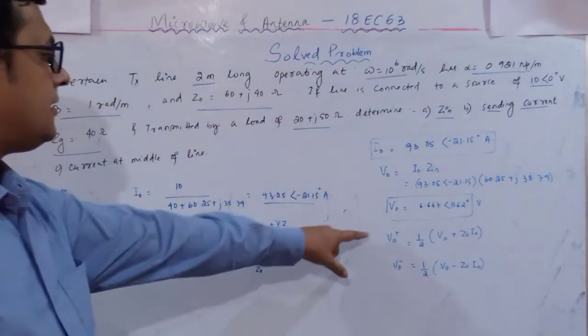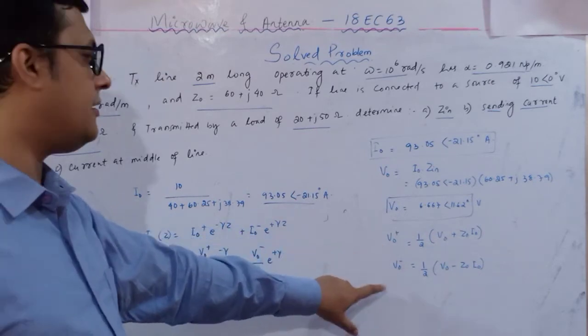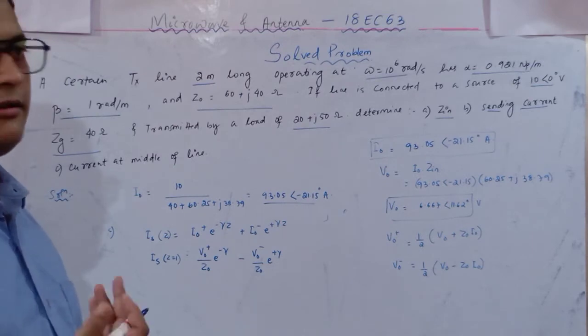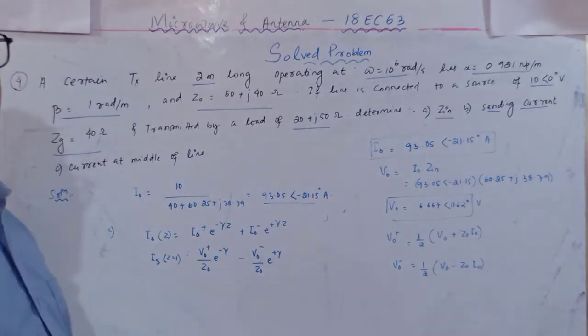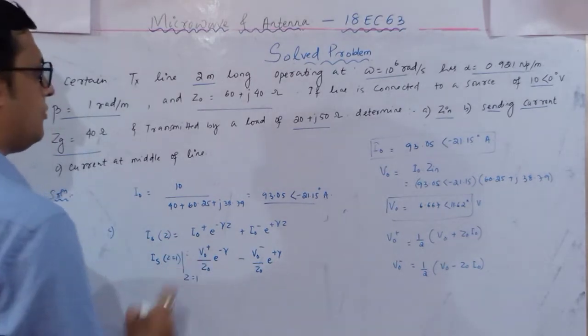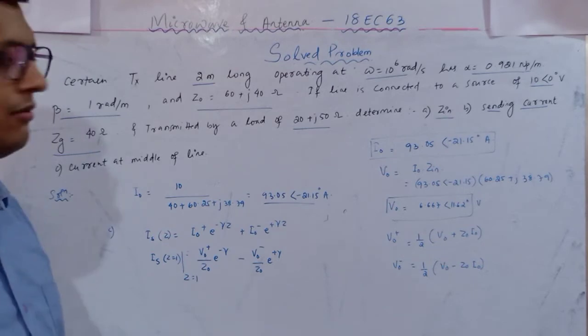So these are the two values. After determining this incident voltage and reflected potential, substitute in this equation. You will get your current at midpoint, because total z is 2, middle point means z equals 1.